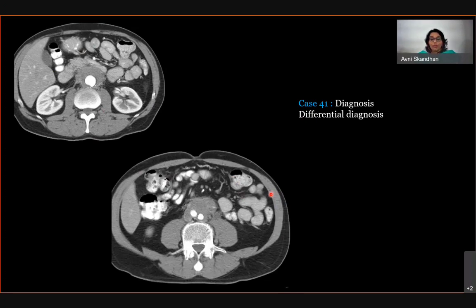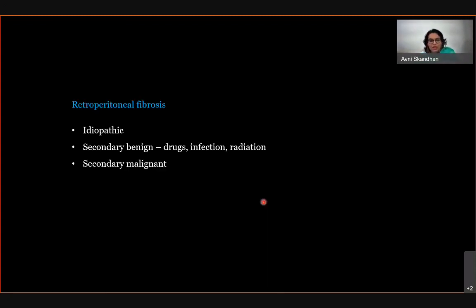You don't always need a contrast to differentiate it from lymphoma. In lymphoma the aorta gets lifted up, whereas retroperitoneal fibrosis plasters the aorta around. And yes, medialization of ureters, whereas lymphoma kind of displaces them outwards.